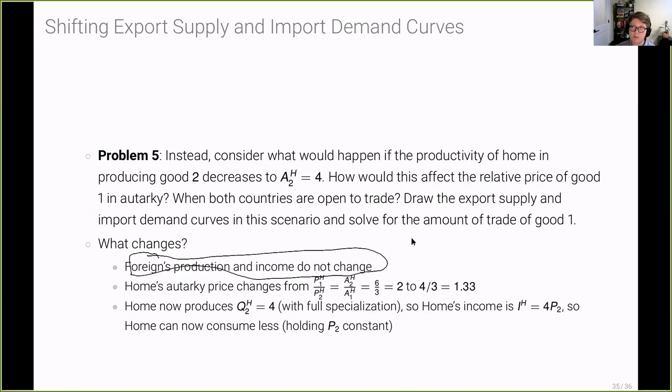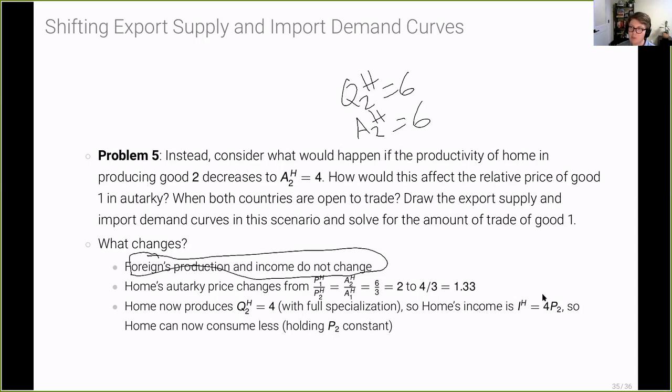That is, for one, it's going to shift down home's import demand curve, but we'll talk about that when I get there. Recall that home under full specialization was going to produce 6 units of good two when its labor productivity in good two was 6. Now with a lower labor productivity, it's only going to produce 4.